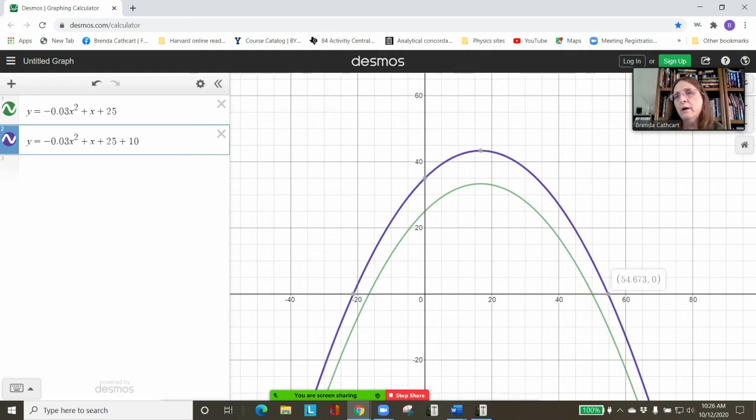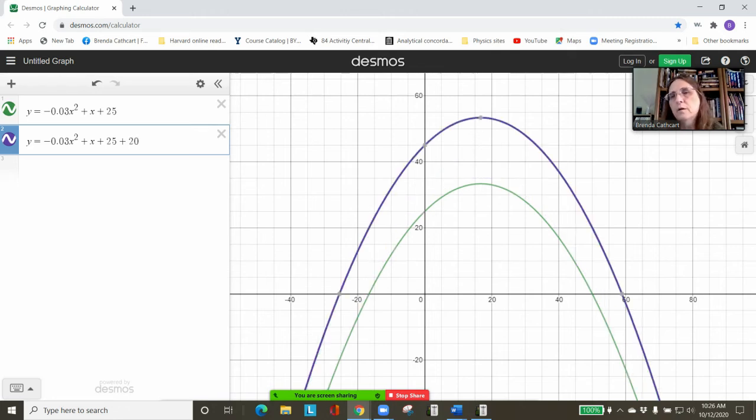So we've hit the ground about 5 feet farther out. I think we need to move our ladder up a little bit more. Instead of 10 feet, let's try 20. We're getting closer. We're starting up here at 45 feet high. The water goes up in an arch, comes down and hits the ground 58.83 feet from the truck. Needs to be a little bit more.